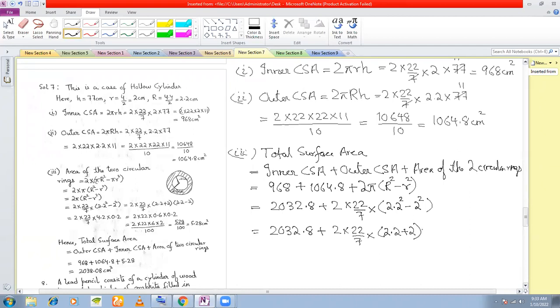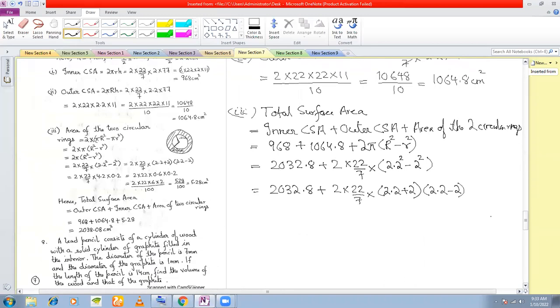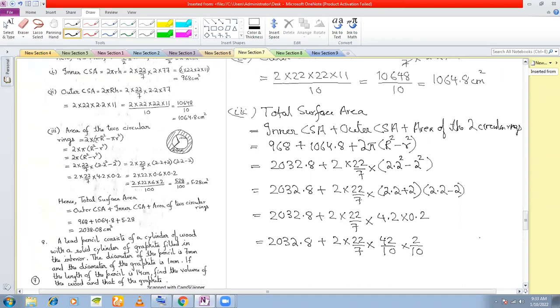So a square minus b square is a plus b into a minus b. Okay, so this is 2032.8 plus 2 into 22 by 7 into, this is 4.2 and this is 0.2, which is 2032.8 plus 2 into 22 by 7 into 4.2, you can write as 42 by 10, and this you can write as 2 by 10.